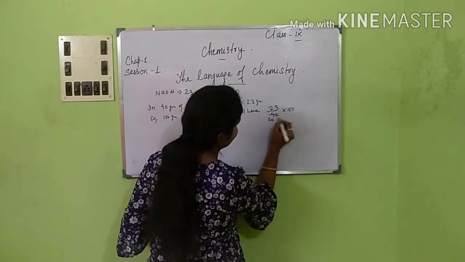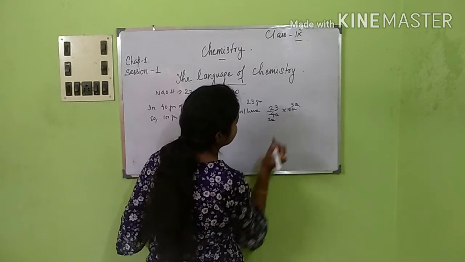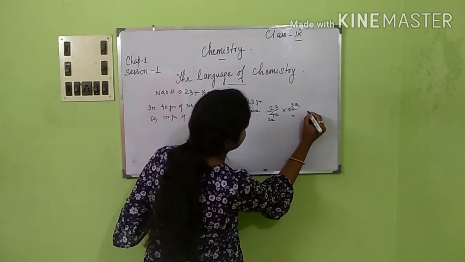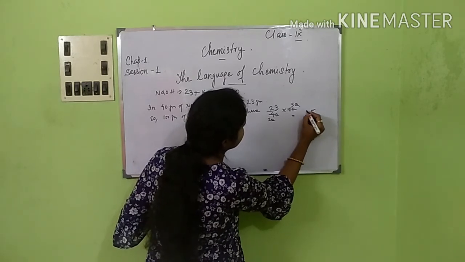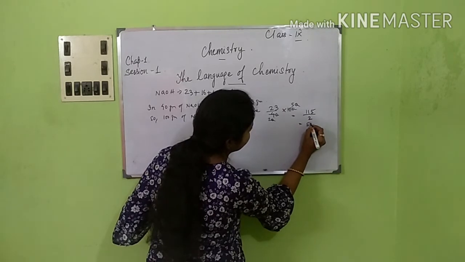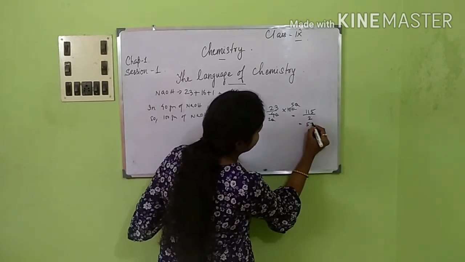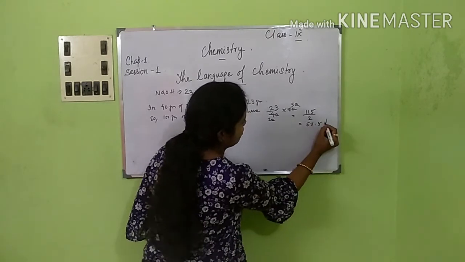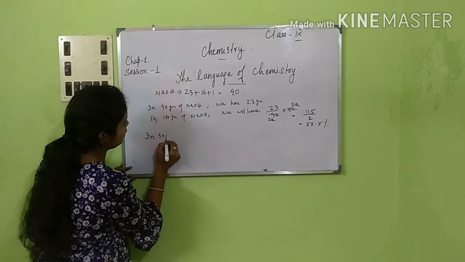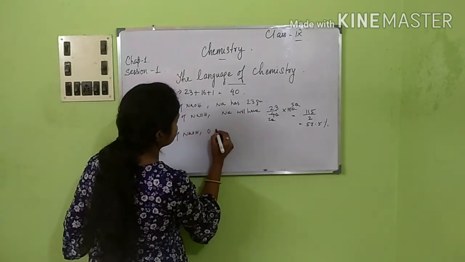Cutting the zeros, 23 into 5 is 115, 115 by 2, that is you are having 57.5%.